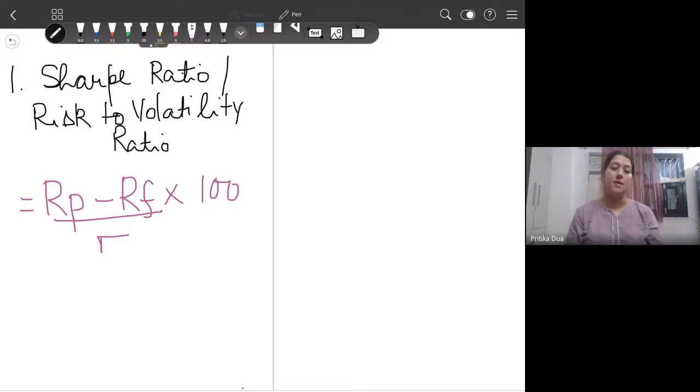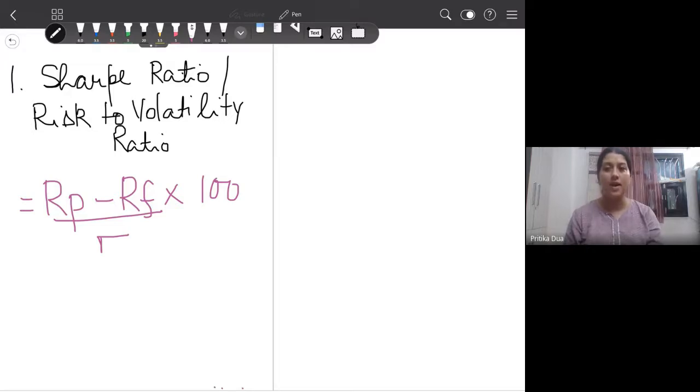So how is it measured? It is the difference between the return on the portfolio minus the risk-free return upon standard deviation. Now, standard deviation is the measure of total risk into 100. So, RP stands for return on the portfolio you are holding.